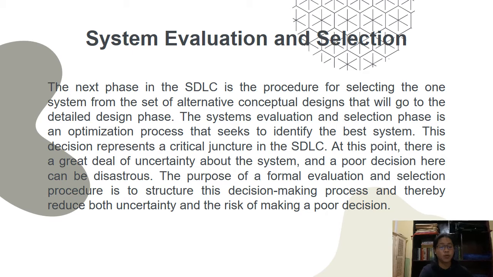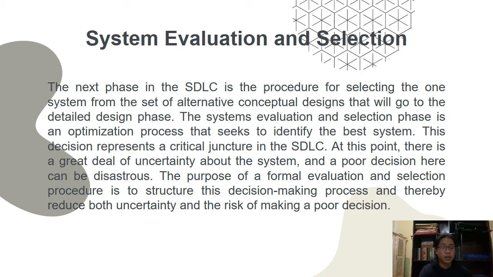Let's now move on to Phase 4, System Evaluation and Selection. The Systems Evaluation and Selection phase is an optimization process that seeks to identify the best system. This decision represents a critical juncture in the systems development life cycle.